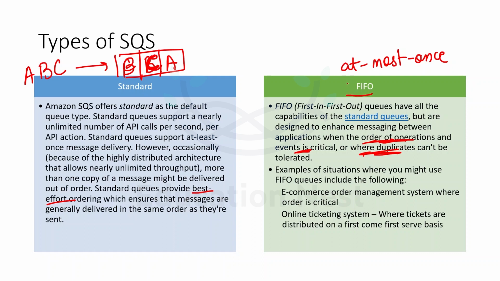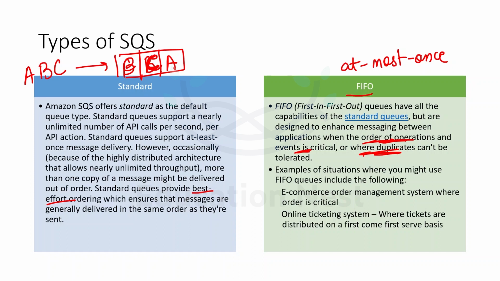Because it is maintaining the order and because it is ensuring that no duplication is allowed, the FIFO queue will not handle an unlimited number of API calls. FIFO queue will support 3000 API calls per second.